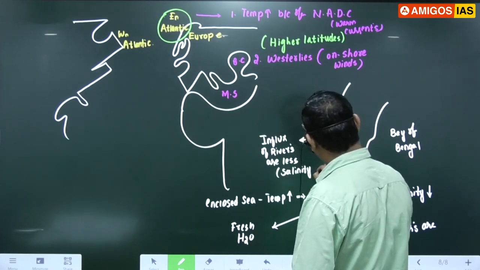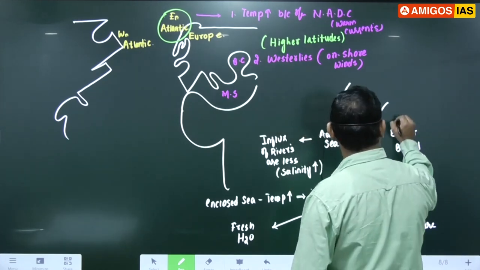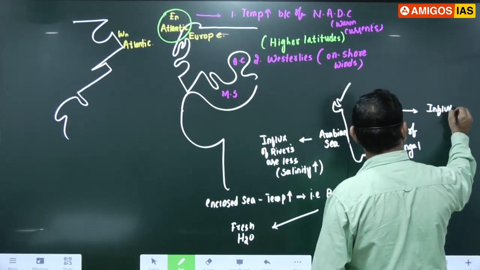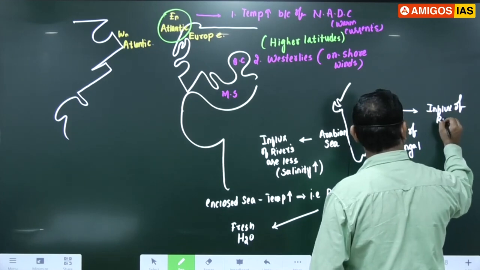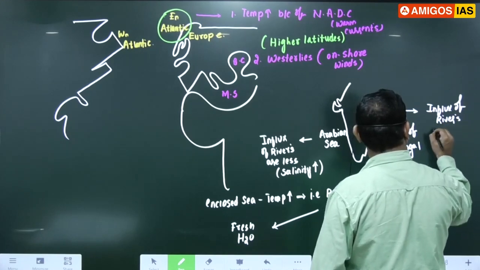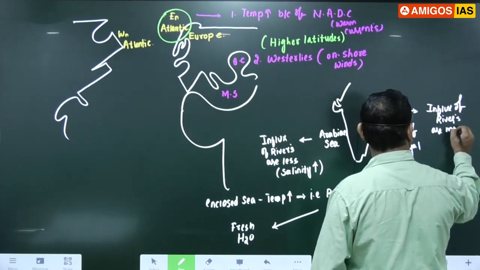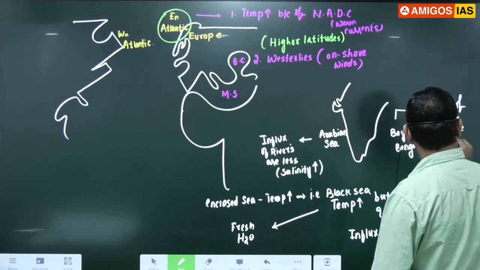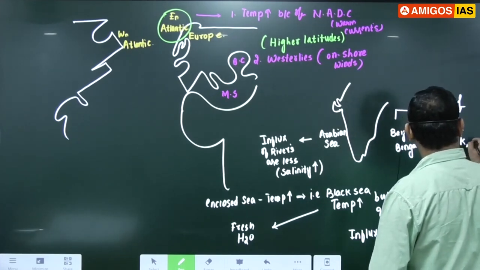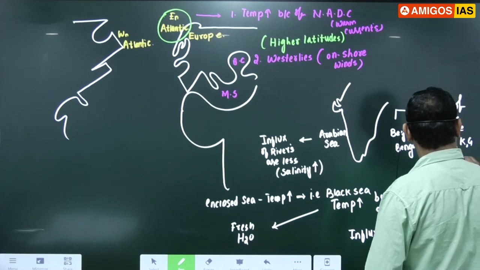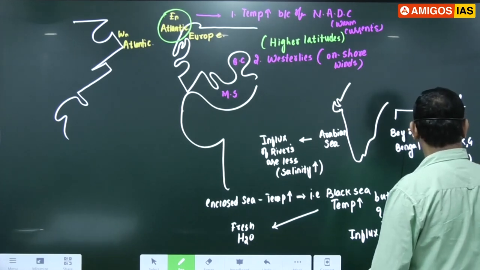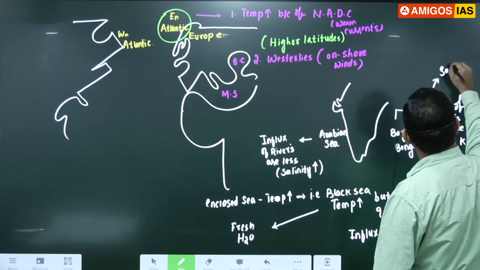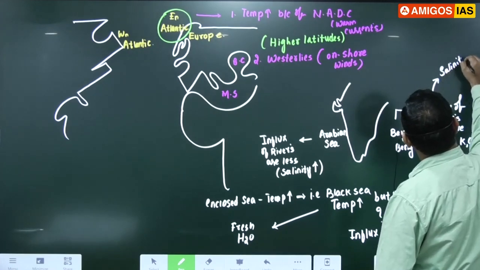Here the influx of rivers is more, that is Ganga, Brahmaputra, Krishna, Godavari, Kaveri, Mahanadi, etc. So salinity is less.